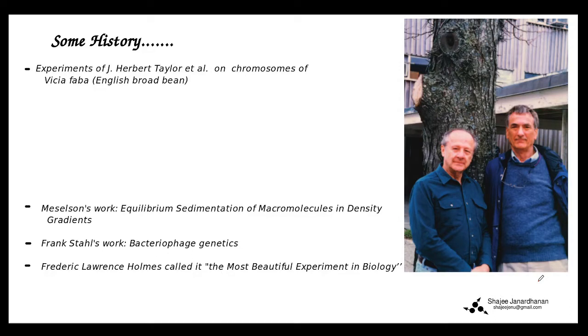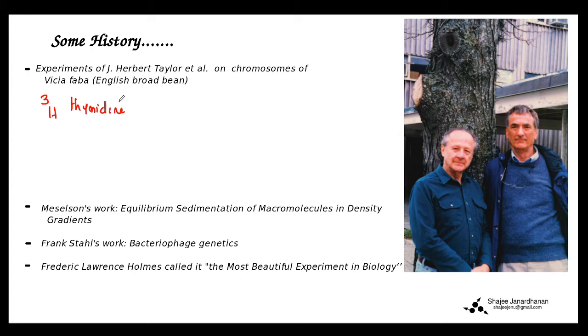Before we move into the actual Meselson and Stahl experiment, let's first dig into some history. The first person to do any sort of experiment relating to the models for DNA replication was Herbert Taylor. He did the experiment on the English broad bean. Basically, for the experiment, he used tritium-labeled thymidine to radio-label chromosomes of the English broad bean.